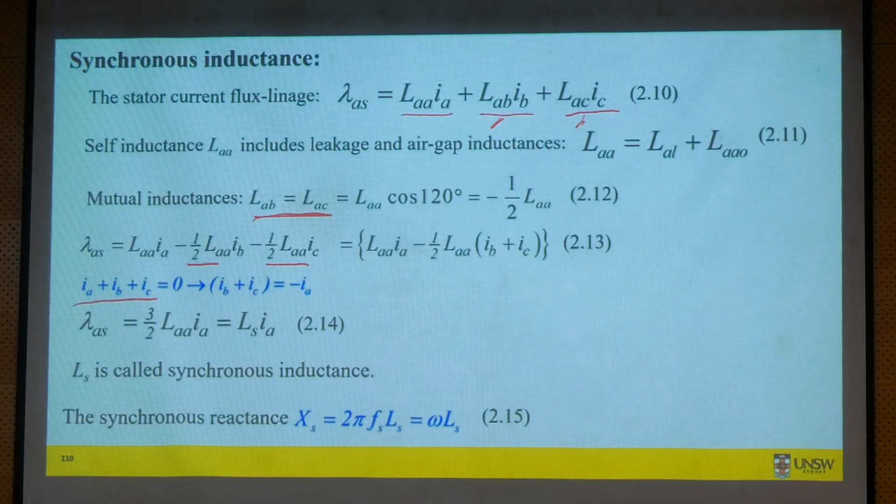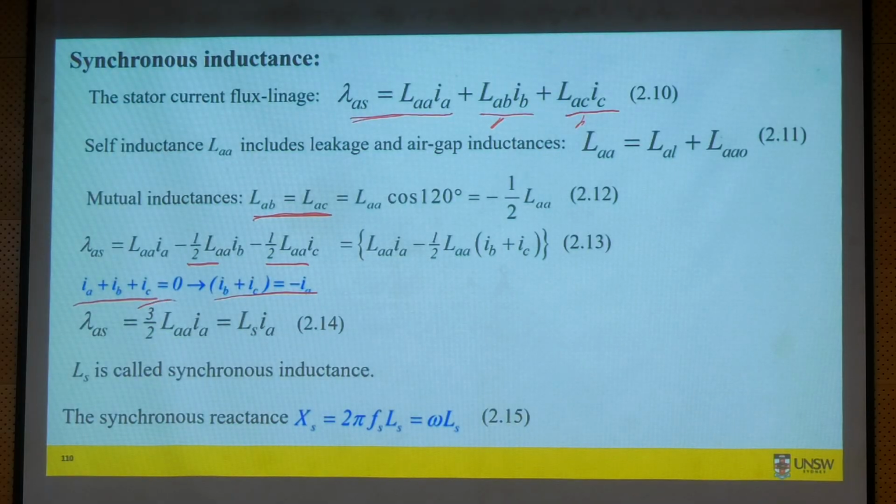Substituting these conditions back into our flux linkage equation, we will find that the stator flux linkage is actually 3/2 times the self-inductance times the phase current IA.